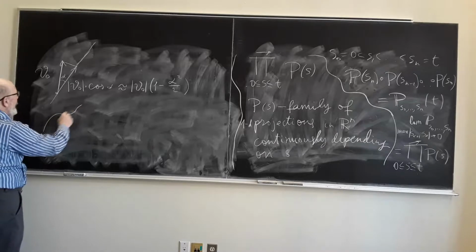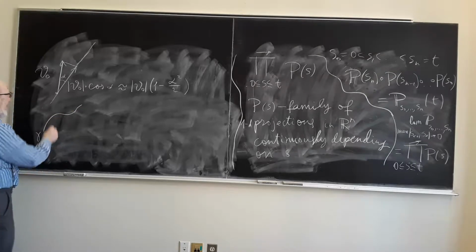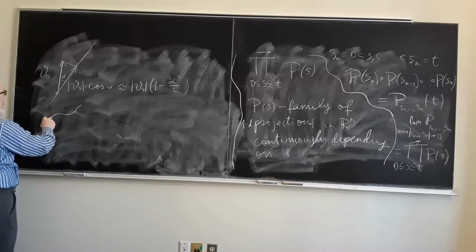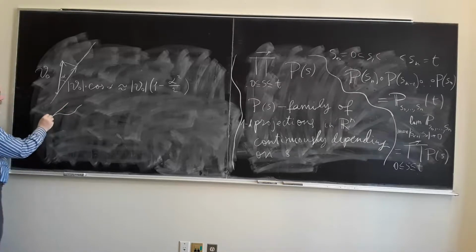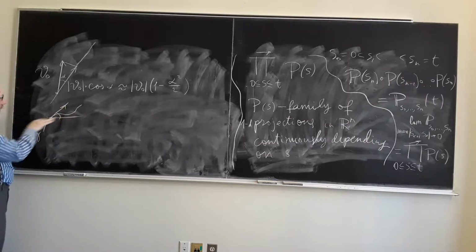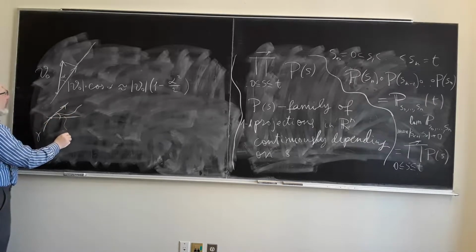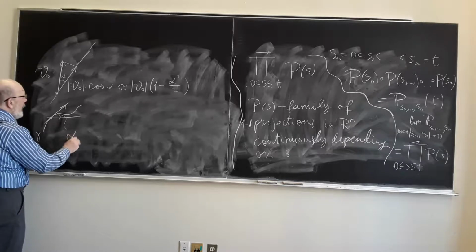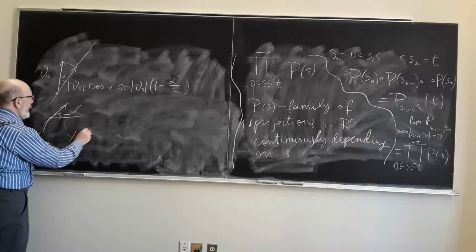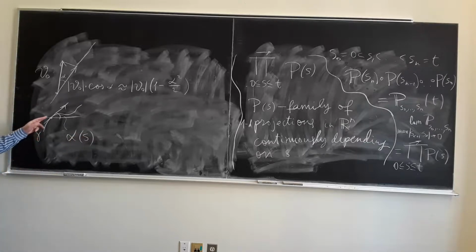Now consider this curve. The curve is gamma in the plane. At every point we have the direction of the unit tangent vector. It forms with the horizontal line the angle, say, alpha of S. What is S? S is the natural parameter along gamma, the length parameter.